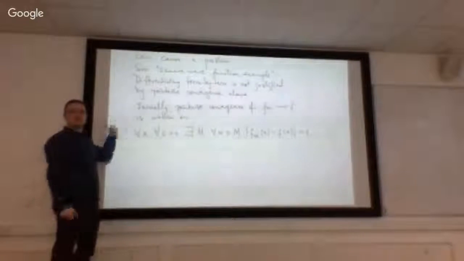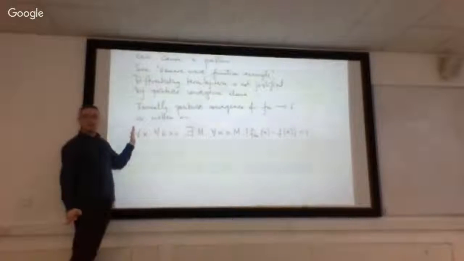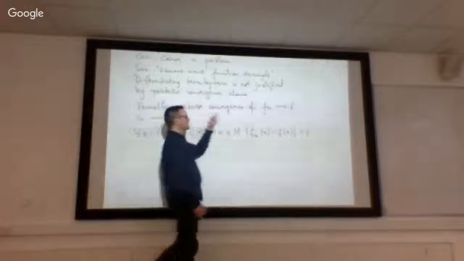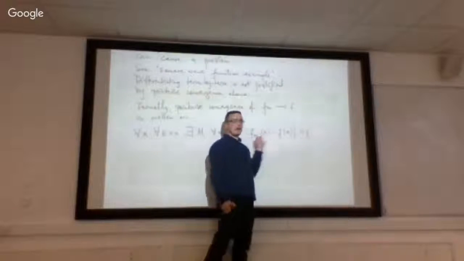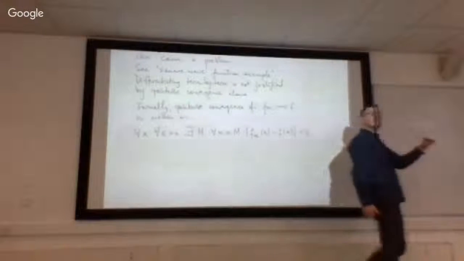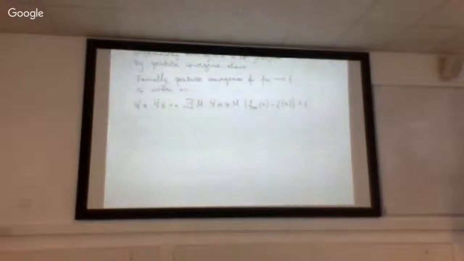Because if we say there exists an m such that for every x in the domain this agreement happens after capital M, then you're insisting that the convergence happens at a bounded rate across the whole domain. So you can't have very good behavior in some locations of the domain and very bad behavior in other parts of the domain.